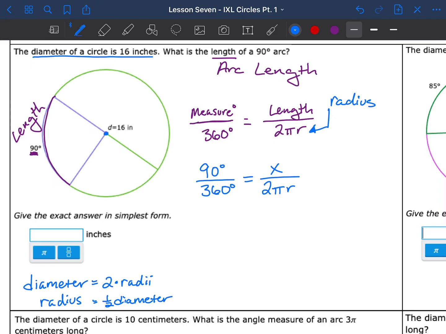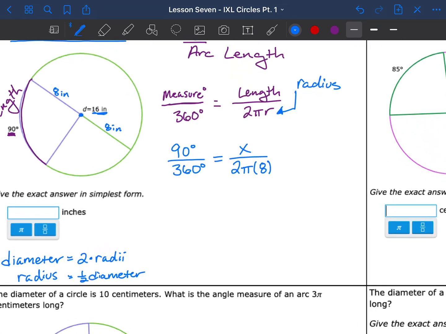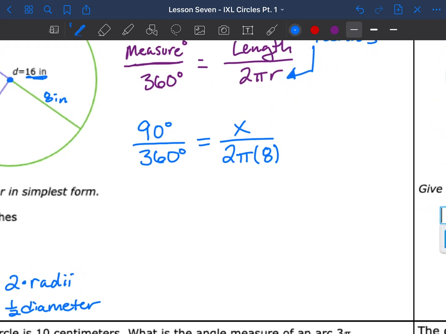What is half of 16, or what is 16 divided by 2? Well, it's 8. Because if we say this part is 8 inches plus this part 8 inches, we get a total of 16. So the radius in our case is 8. Awesome. I think I have everything right now.